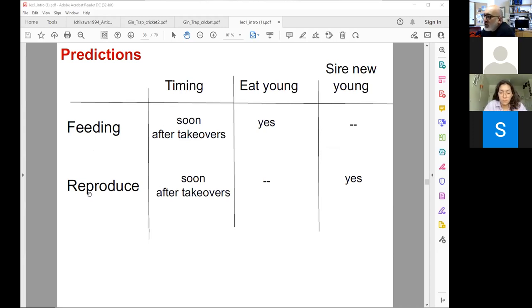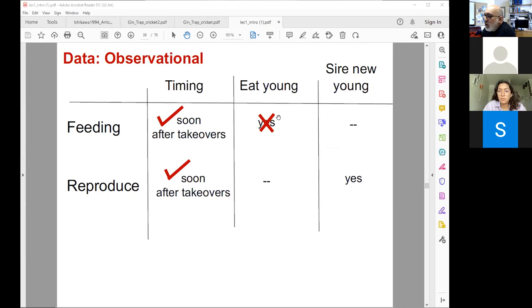If it's for reproduction, we would not expect to see the males feeding on the cubs soon after takeover, and we would expect to see males siring new offspring, whereas in the previous hypothesis, we would not predict that males would be siring new young.